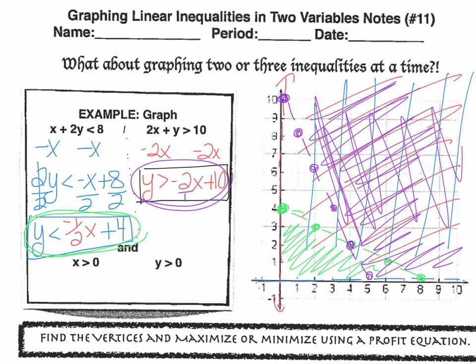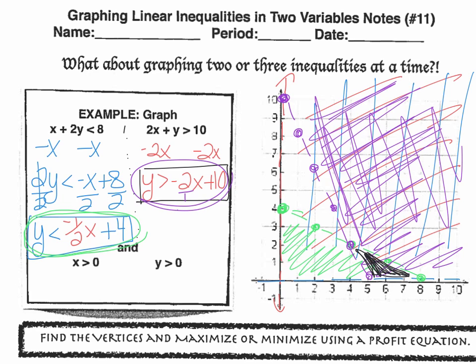So it has to be where y is greater than negative 2x plus 10. We're greater than that purple line. We have to be less than the green line, negative 1/2 x plus 4. We have to be greater than 0 on our x and greater than 0 on our y. And so that is happening in this little triangle right down here.